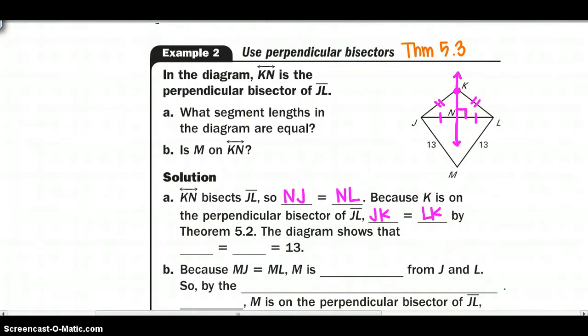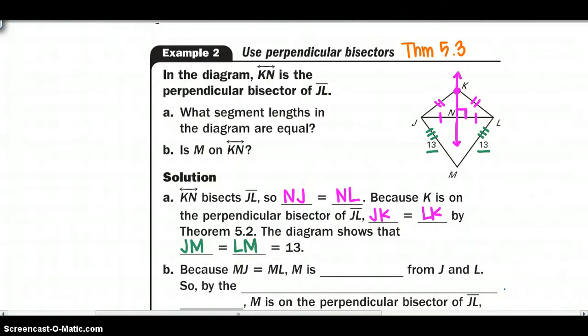And also in the diagram, I see the same measures on those two line segments, so I know that JM is equal to LM, and they are both 13 units.